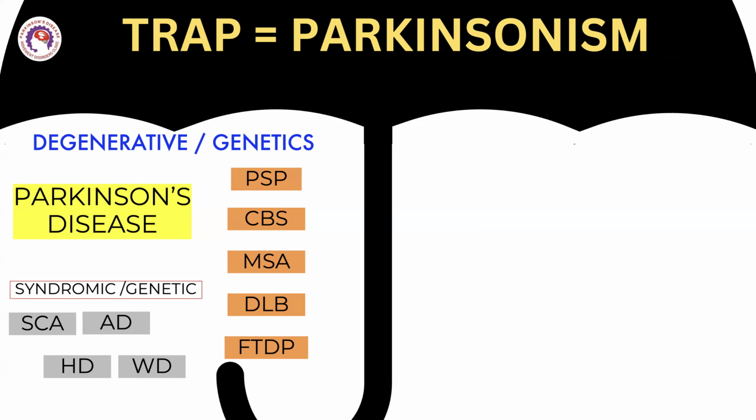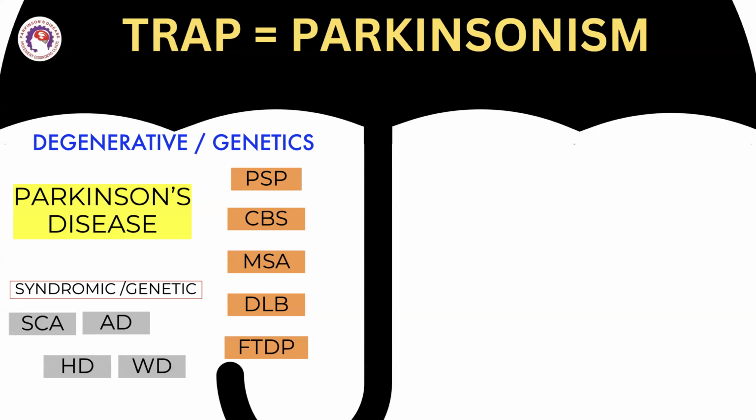Then we have CBS or corticobasal syndrome, wherein people will have cortical sensory deficits leading to striatal hands, or people can have multiple system atrophy, that is MSA, where in addition to Parkinsonian features, they may have cerebellar features, autonomic dysfunctions, and other systems involvement in the brain.